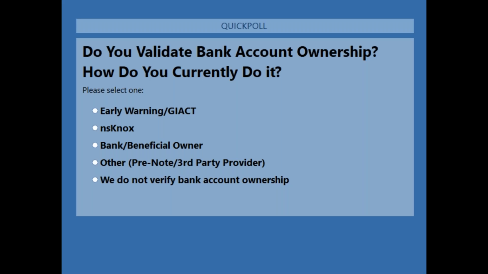Or do you use other options such as a pre-note within your ERP? And then of course if you do not verify your bank account ownership, select E. Okay, all right, so let's go ahead. I'm going to close it and give you about 5 more seconds if you want to vote.